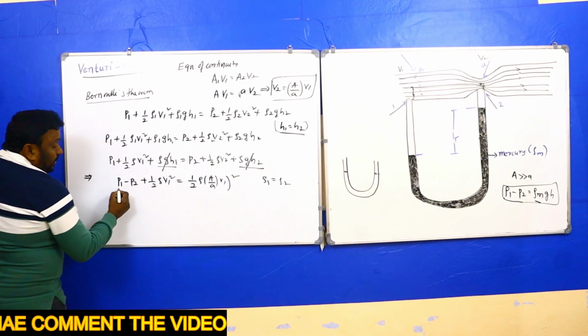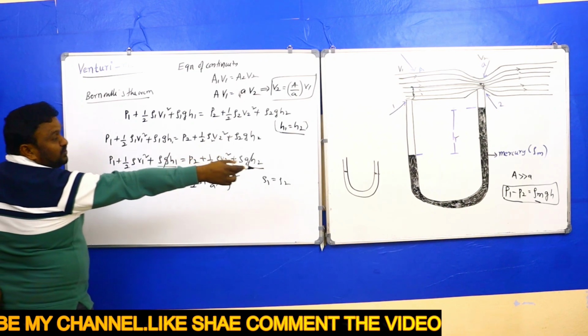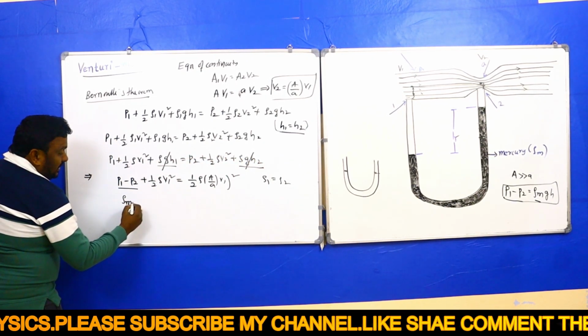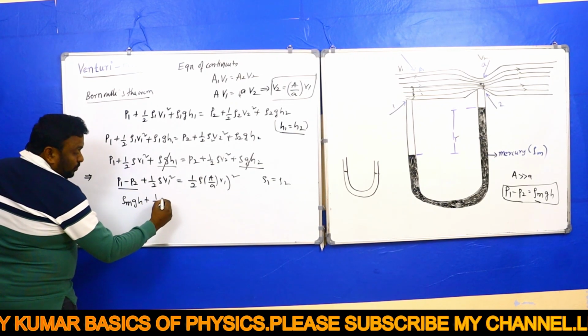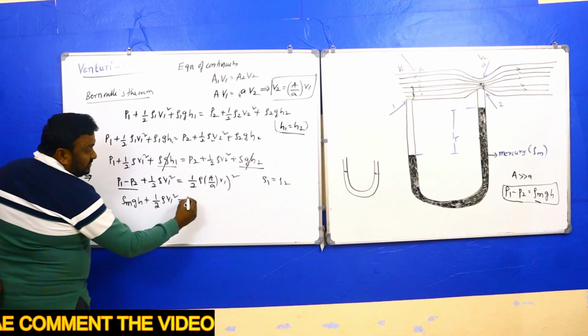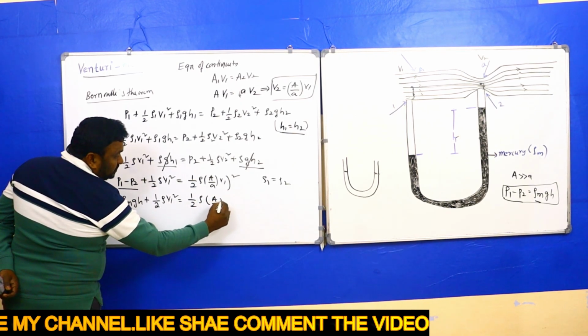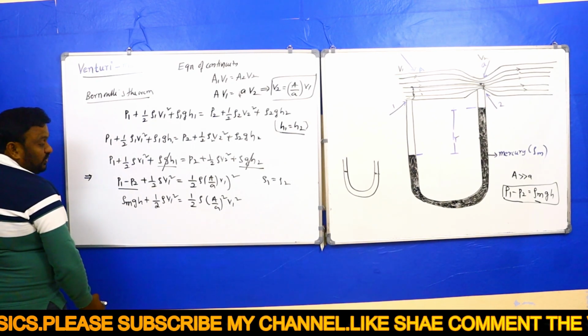Then simply, P1 minus P2, see there once, P1 minus P2 is equal to rho m g h. That's why I am going to write rho m g h plus (1/2) rho V1² is equal to (1/2) rho (A/a)² V1².